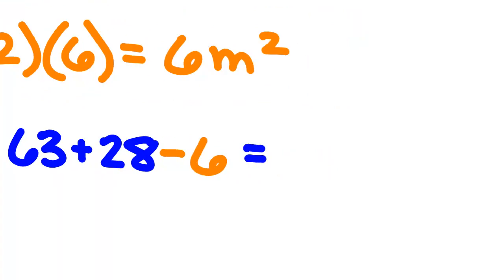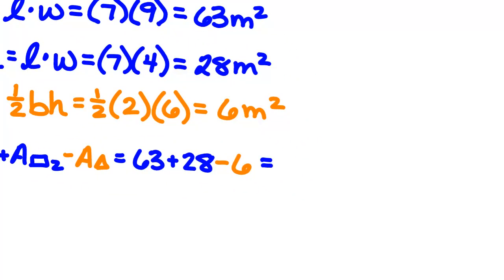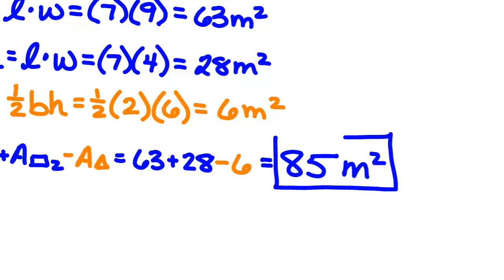So what do we get for our composite area? Yep, 85. What kind of units? Meters squared. Nicely done.